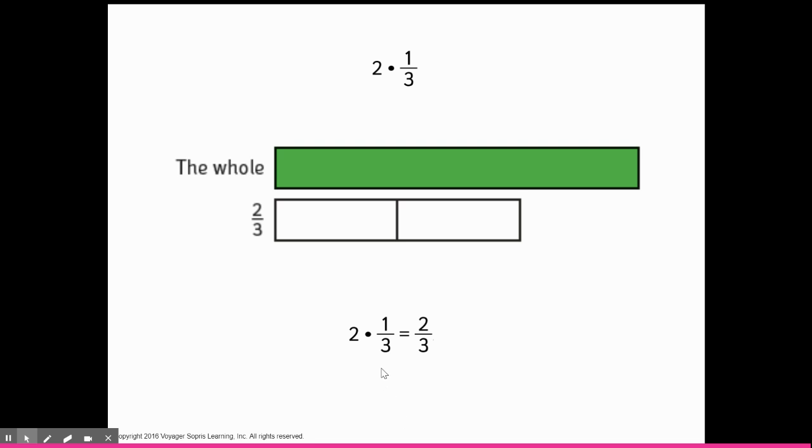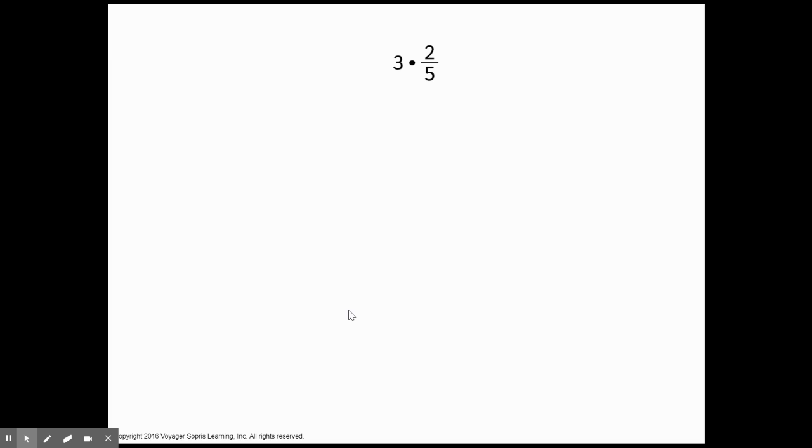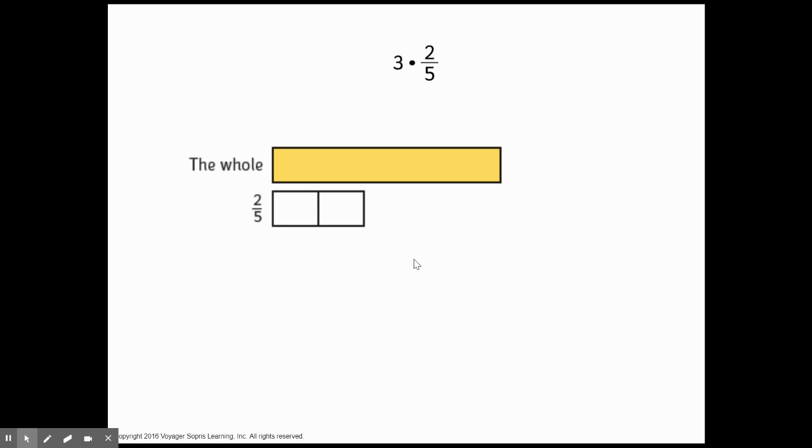These same rods can be used to multiply a non-unit fraction by a whole number. We're going to look at the problem 3 times 2 over 5. We first model the whole and the non-unit fraction 2/5. 5 white rods make 1 yellow rod, so 2 white rods represents 2/5.